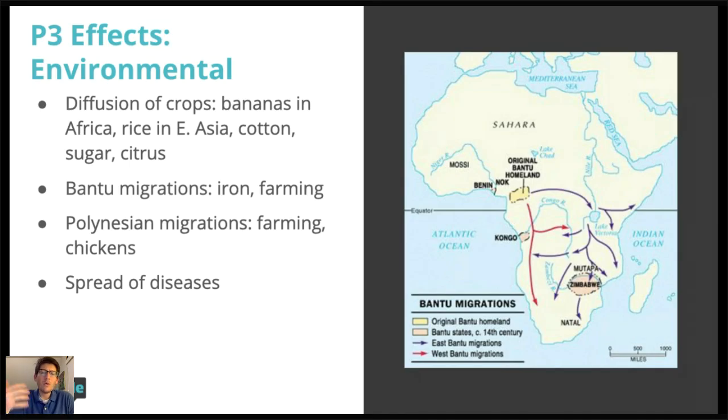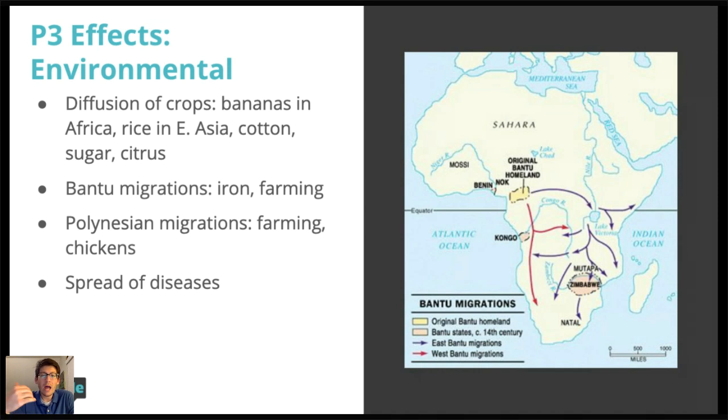But environmental effects, one thing that we see is, of course, a diffusion of crops. You likely know about the diffusion of crops of the Columbian exchange, but it also is happening in time period 3. For example, the spread of bananas to Africa and the proliferation of bananas, especially in sub-Saharan Africa.